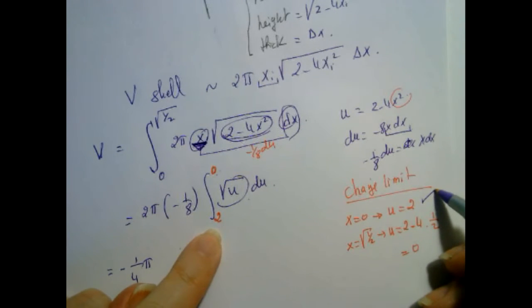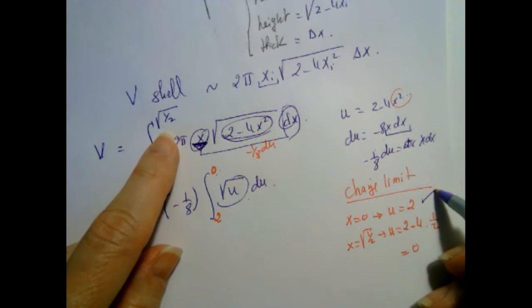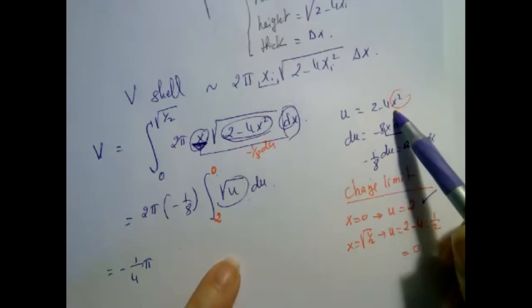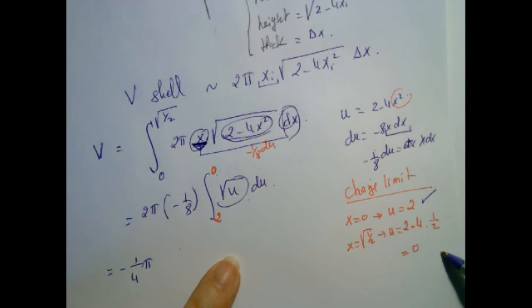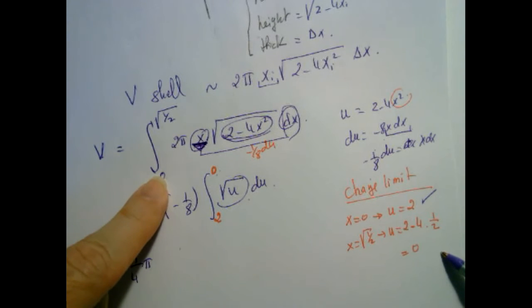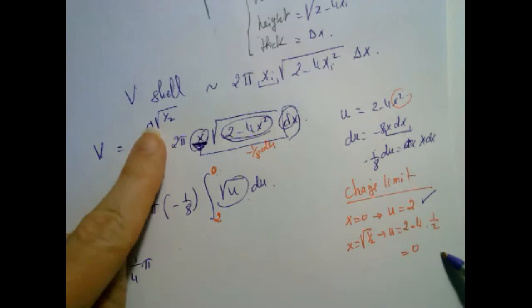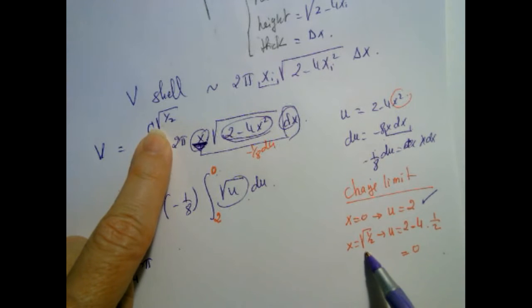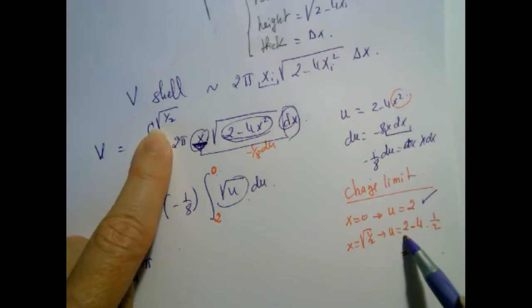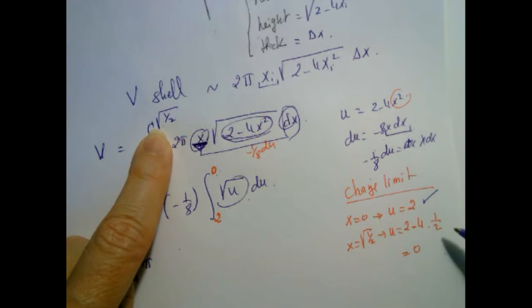I'm not changing anything. Doesn't it give you negative 2 though? No, you're right, sorry. No, you don't change anything. If for x equals 0, u is 2, you put u where it belongs. If x is the square root of 1/2, what's the u? 2 minus 4 times the square root of 1/2 squared gives me a half. Then I have 2 minus 2, which gives me a 0.